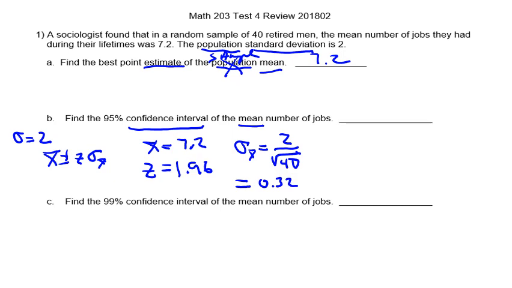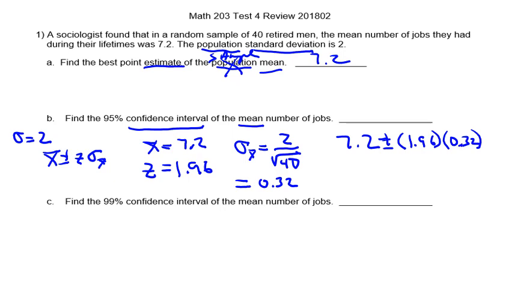0.32. Now, when you plug this into the formula, you're going to get 7.2 plus or minus 1.96 times 0.32.